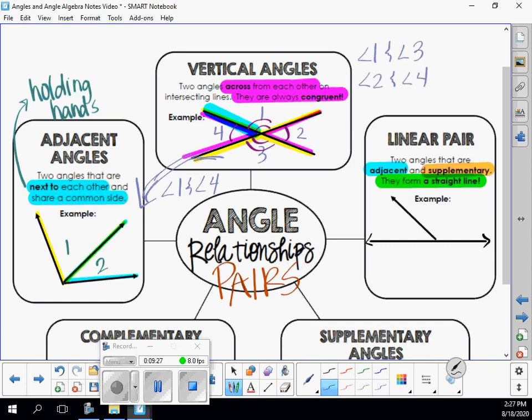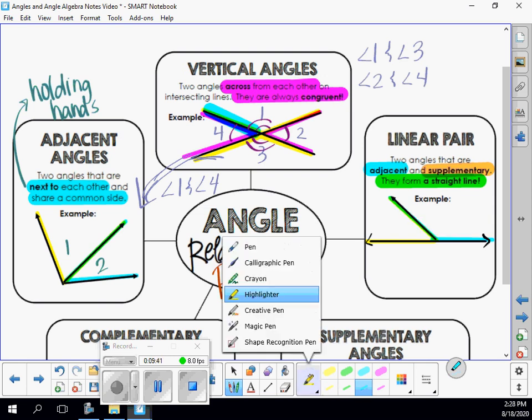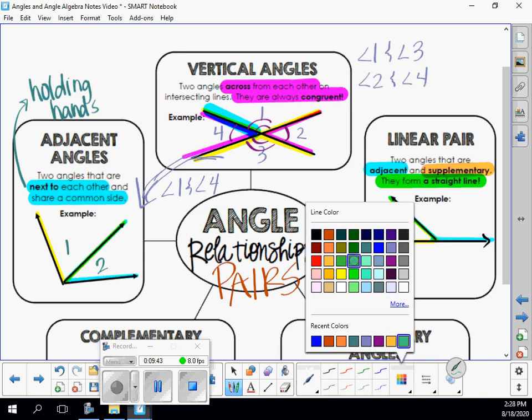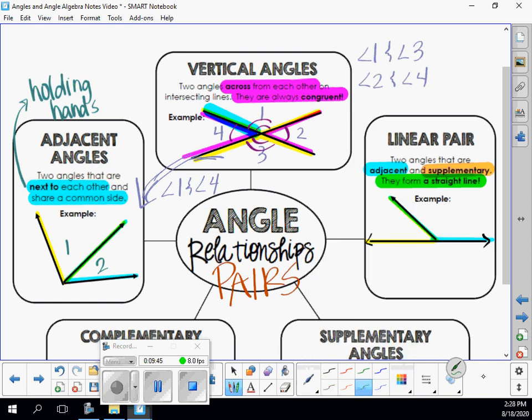And they have to form that straight line. So what happens here is when you trace them, I trace one of my angles, I trace another one of my angles, and you'll notice that that middle bar does turn green, so we do have adjacent angles so far.